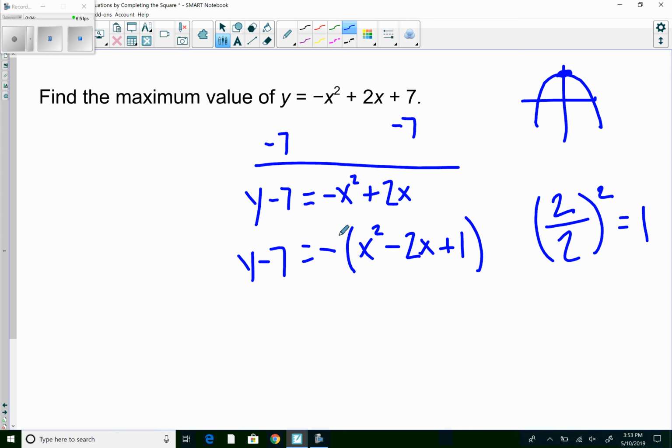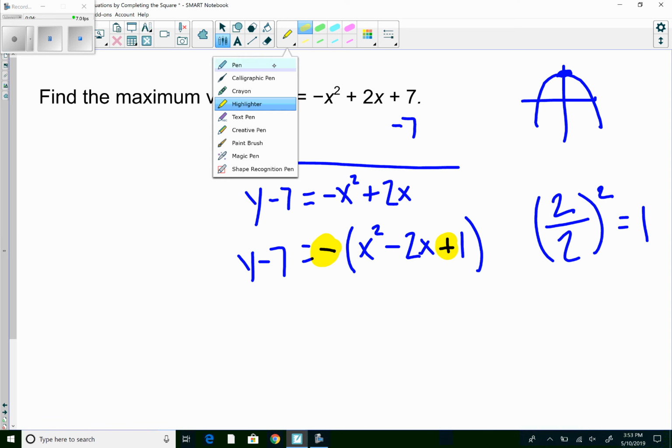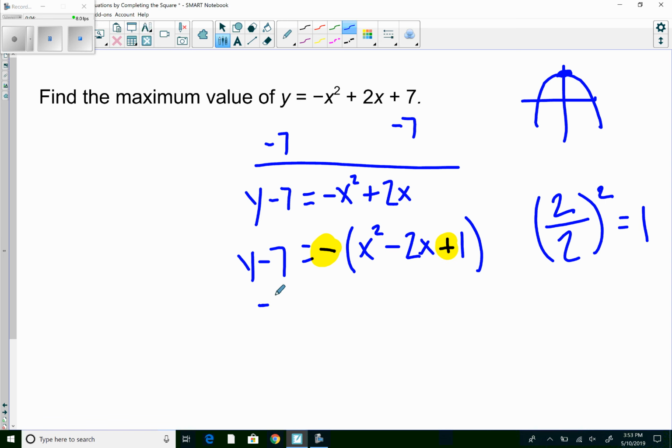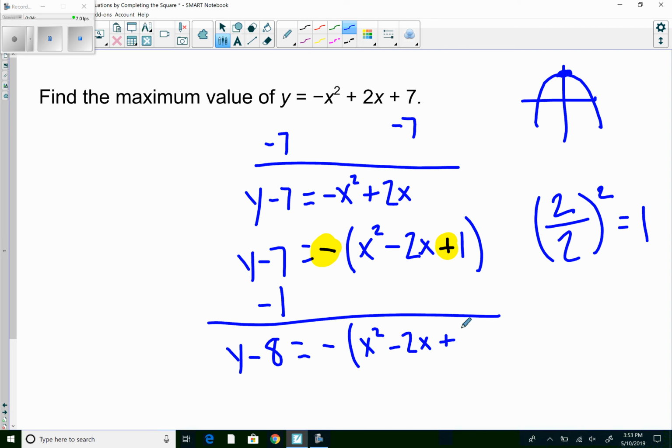But since it's technically a -1, because you've got this negative out front here, what you're going to add over to the other side is you are going to subtract 1. So this is actually y minus 8 equals negative, and then that's going to be x squared minus 2x plus 1.